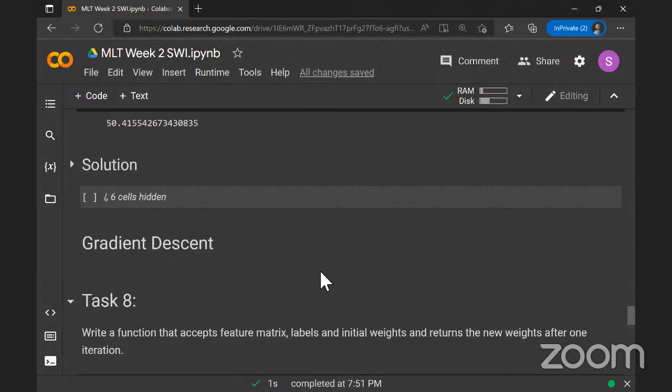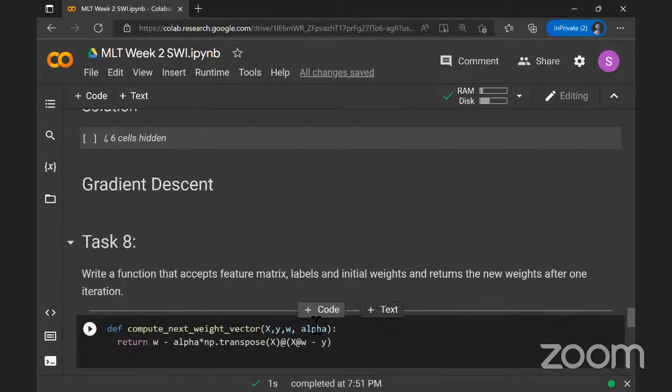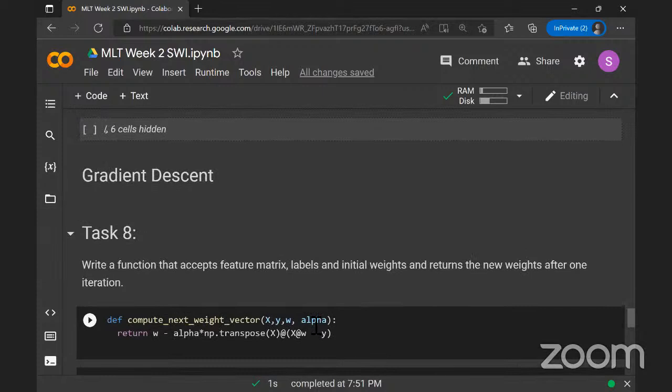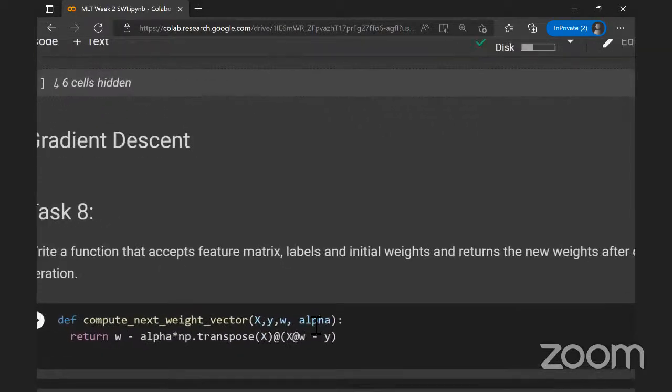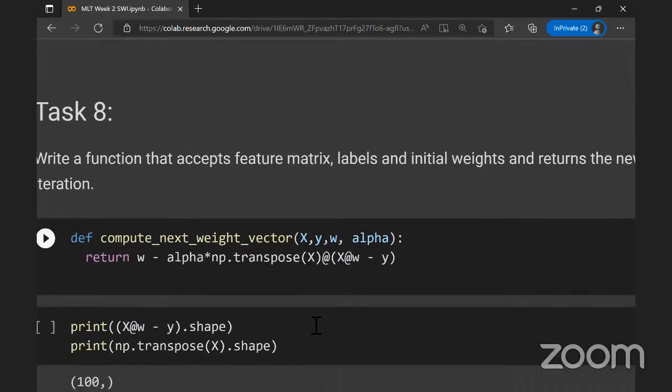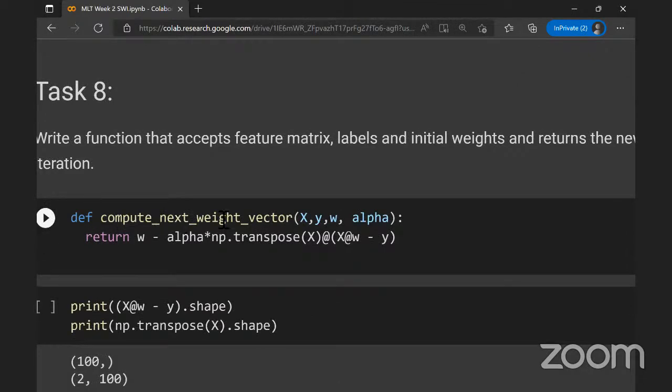Okay. If you refer to the lectures, this is how your training process happens. This function receives X, y, w, and alpha. Alpha is the learning rate.